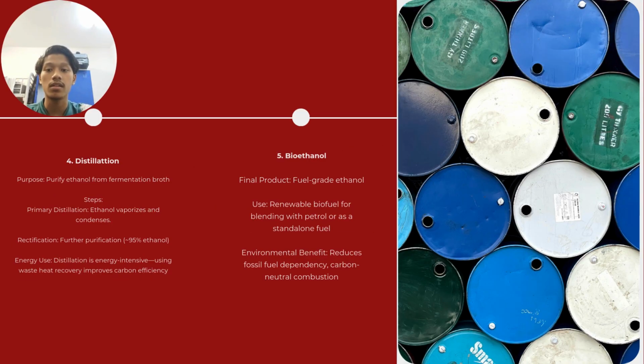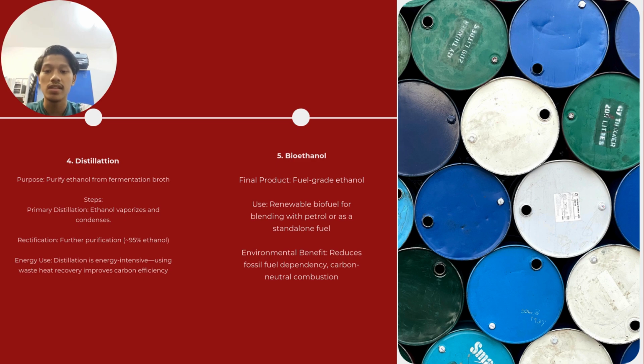The fourth step is distillation. The purpose of distillation is to purify the ethanol from the fermentation broth. The steps are primary distillation, which will vaporize the ethanol and condense it. After that, rectification, which will further increase the purity of the ethanol to about 95%.